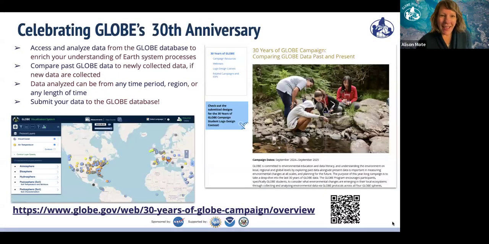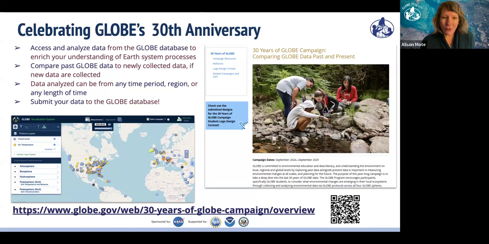Next slide. This year, we're really excited to celebrate Globe's 30th anniversary in 2025. Along with the 30 Years of Globe campaign, which is encouraging the community and students to compare Globe data from the vast database.